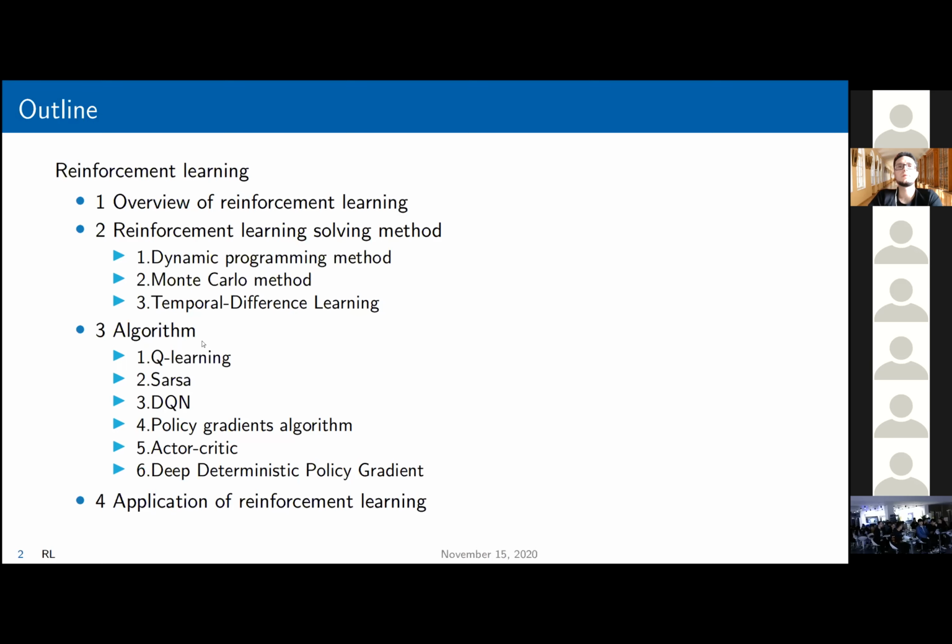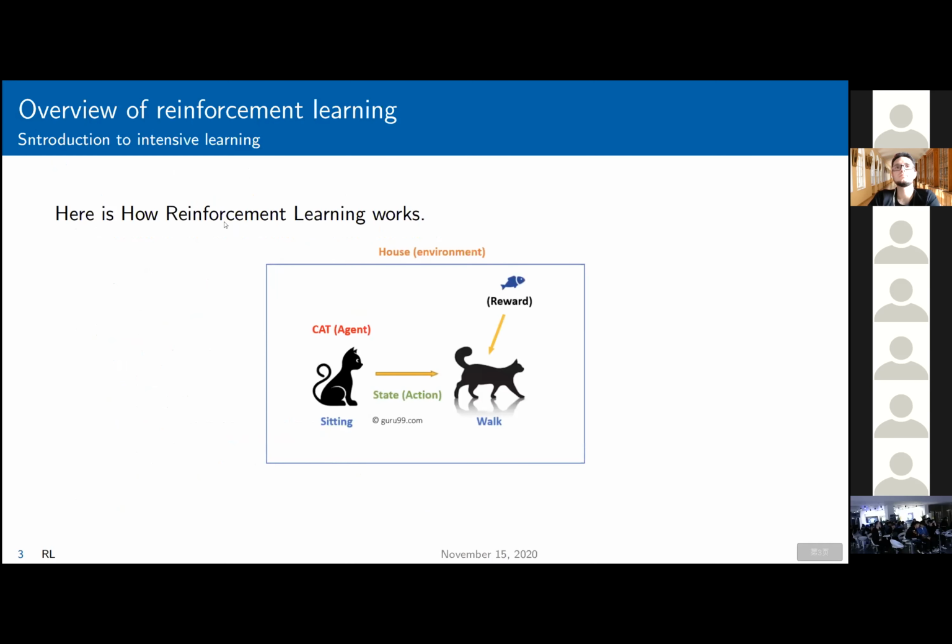The third is algorithms, and there are 6 in total, namely Q-learning, SARSA, DQN, policy gradient algorithm, actor critic, and deterministic policy gradient. And the last one is applications of reinforcement learning.